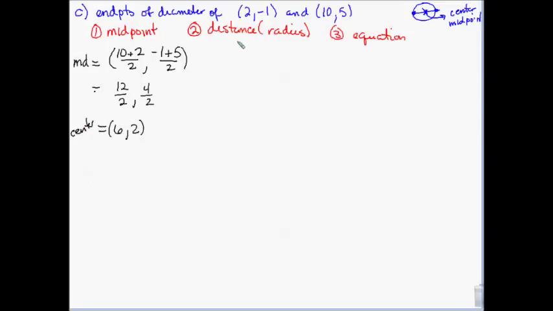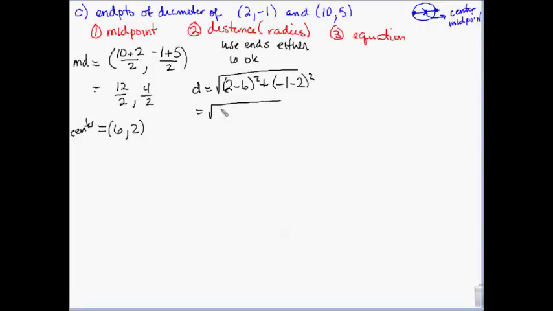Then I need to find the distance between this and either one of these points. I can use either point. Do you want 2, negative 1, or 10 and 5? 2 and negative 1, okay. So I'm going to find the distance between this point and the center. So I'll have 2 minus 6 and negative 1 minus 2.